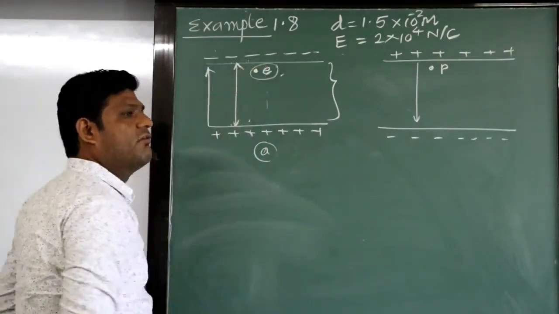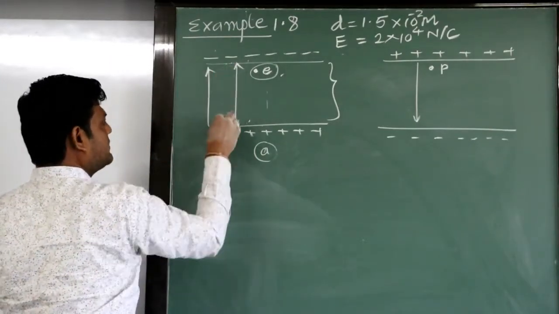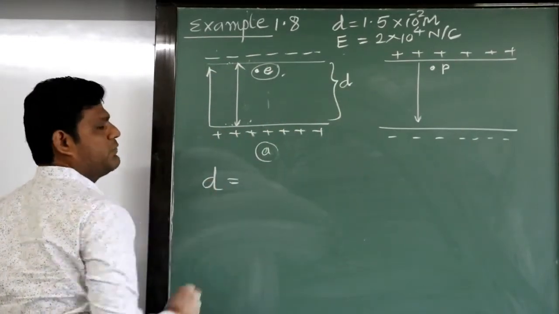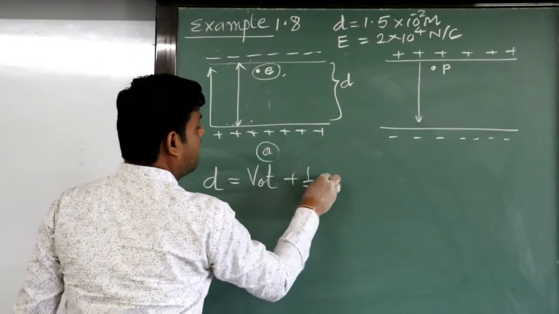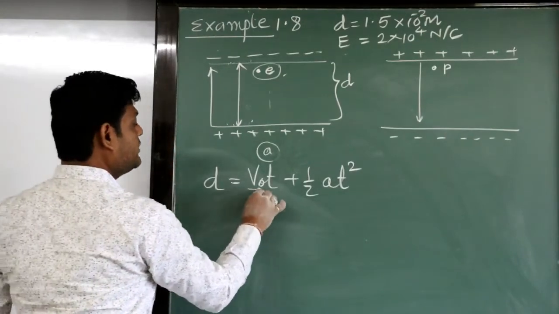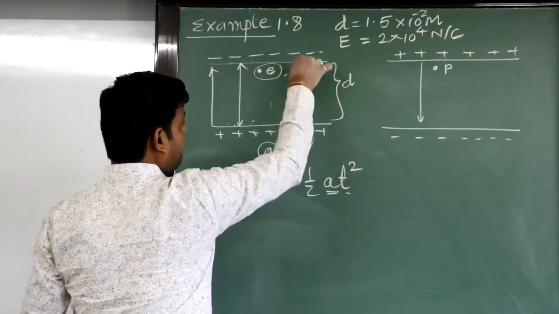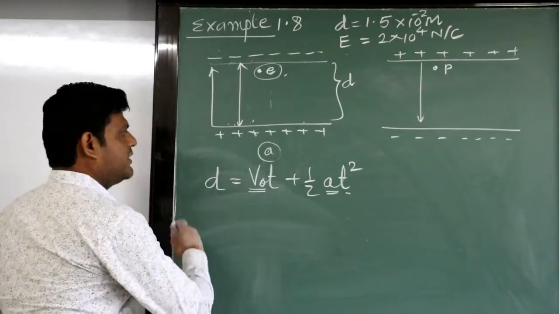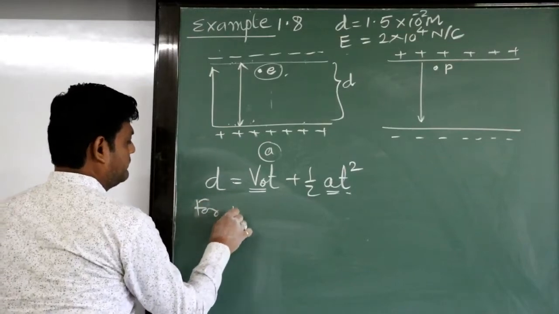So according to free fall, suppose this distance is denoted by letter d. Using the equation of motion, d equal to v0 t plus half a t square. Here v0 is the initial velocity, a is the acceleration and t is the time required to cover this d distance.